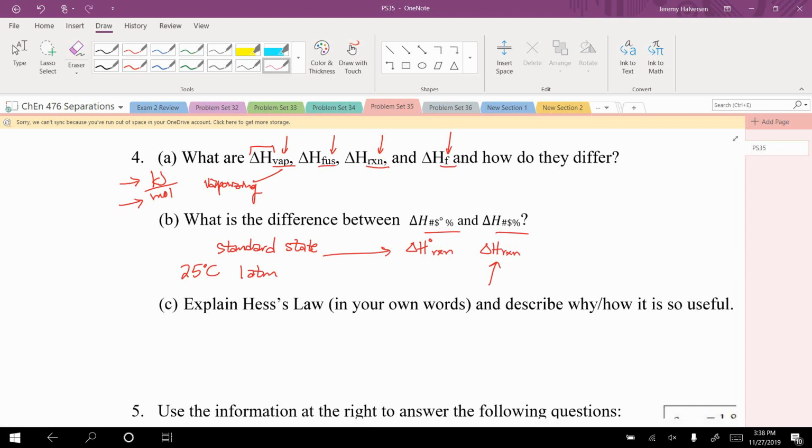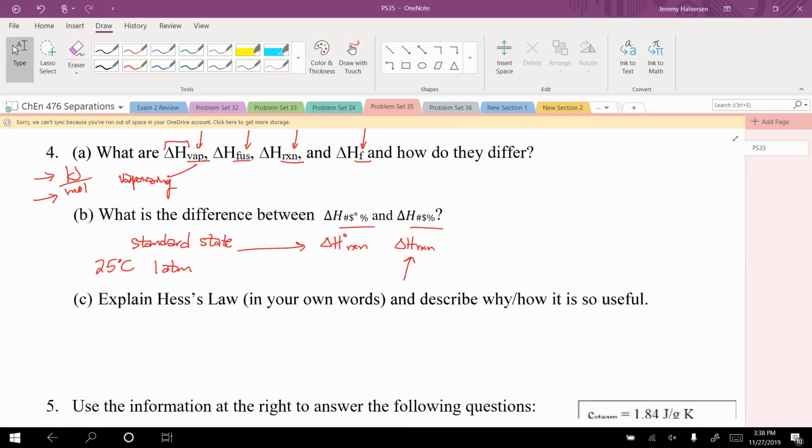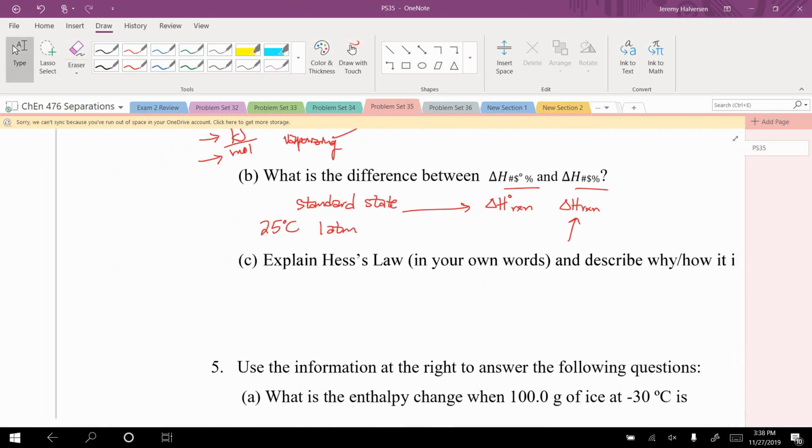All right, explain Hess's law in your own words and describe why and how it's so useful. Okay, Hess's law.